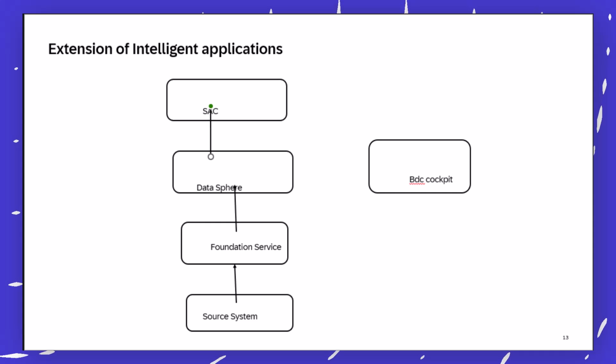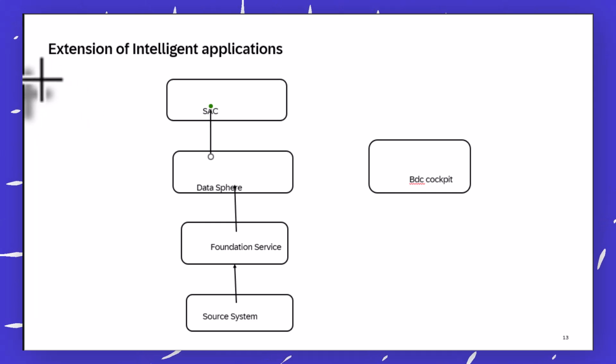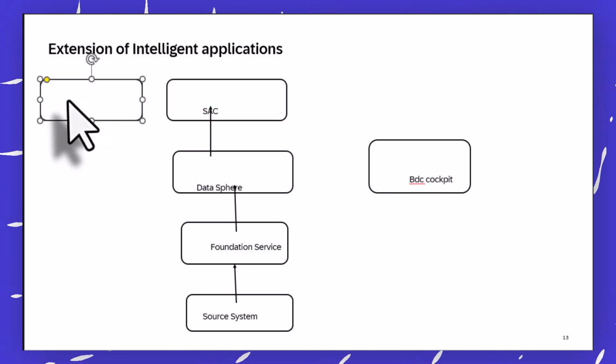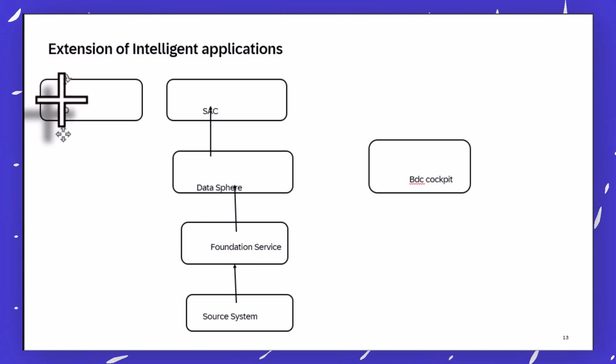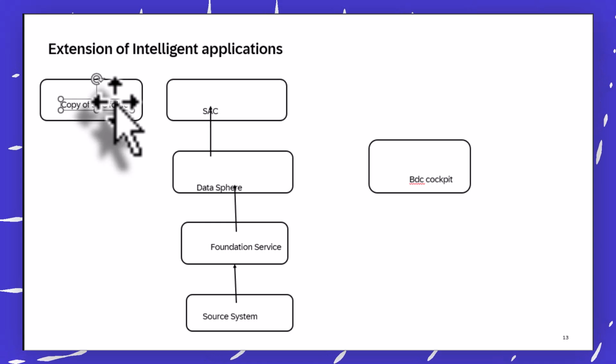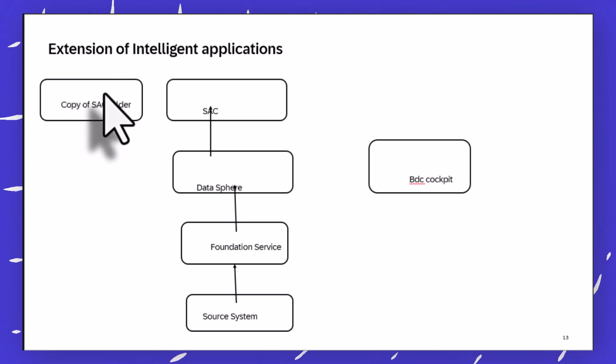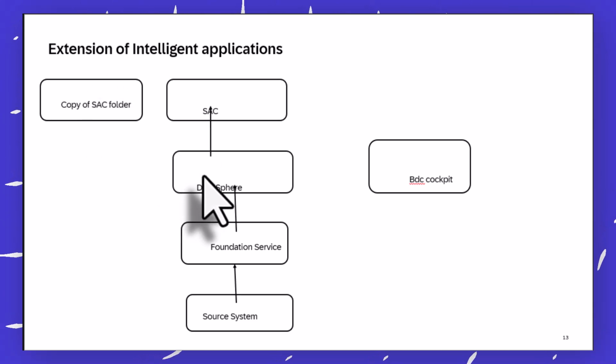What they can do is copy this entire folder. This one is the SAC layer, so this is a copy of the SAC folder. They can copy this SAC folder, and then here they can make whatever modifications they want from the SAC layer. Let's assume sometimes customers need to modify not only the SAC report, there are some modifications required on the data sphere layer as well.